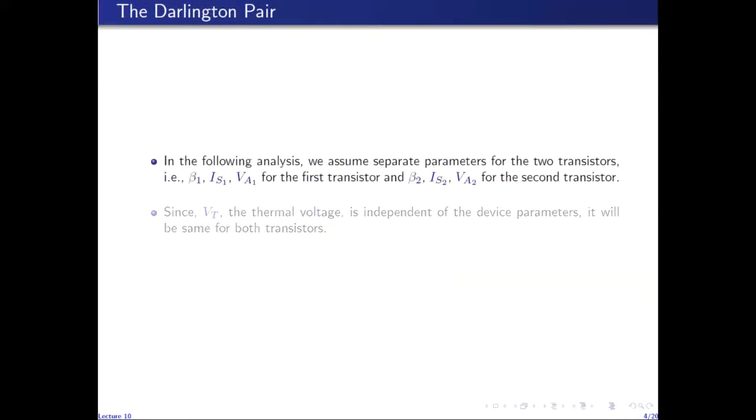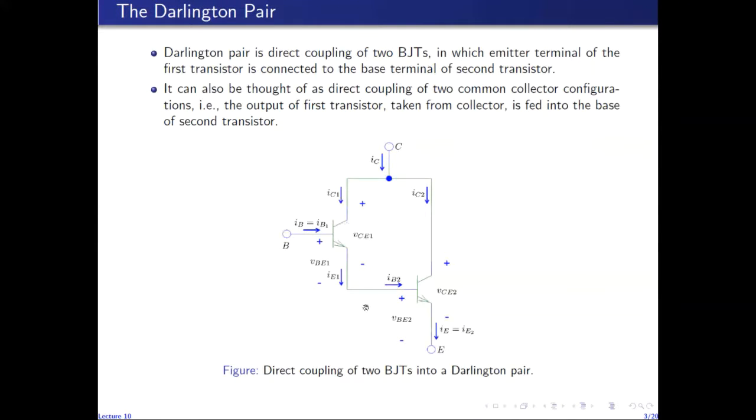So I've labeled the currents and voltages here. These are the total currents and voltages. But at DC, you can see that this total DC collector current is the sum of the two DC collector currents for the first transistor and this transistor.